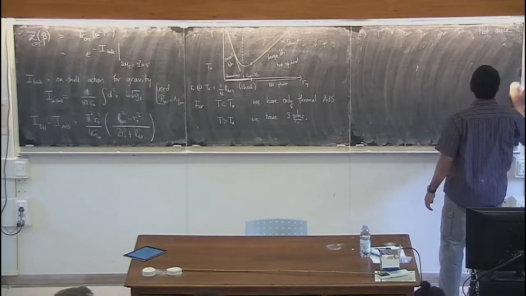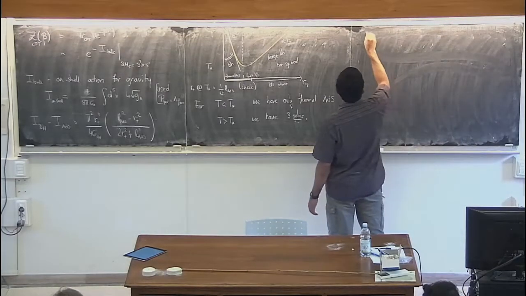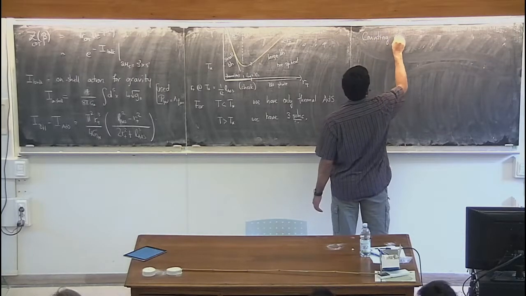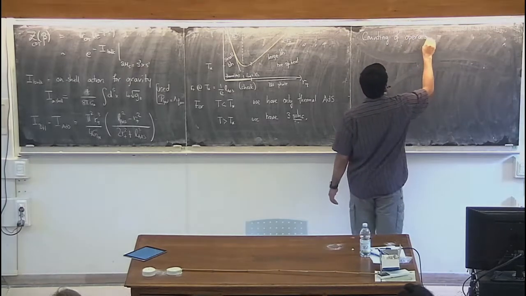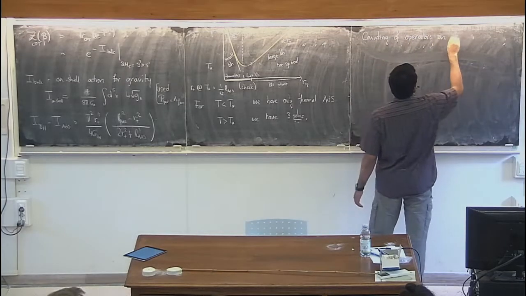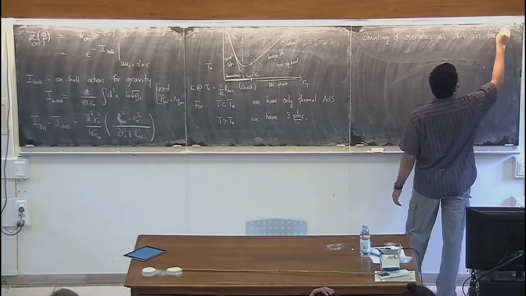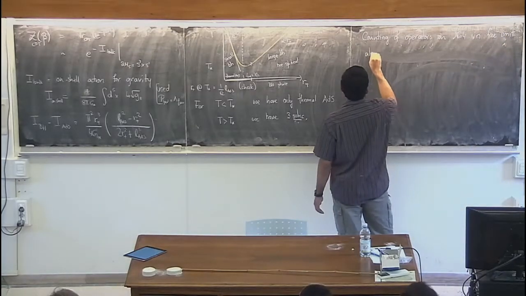I told you that you can do the counting of operators in N=4 super Yang-Mills in a free theory. It also reveals a phase transition.